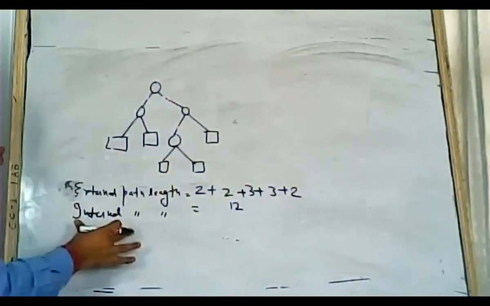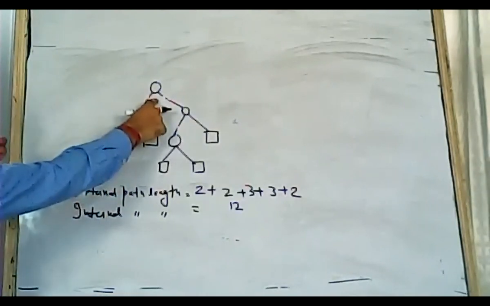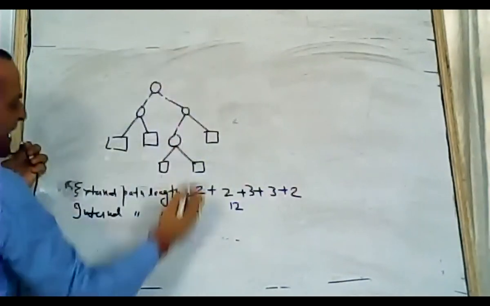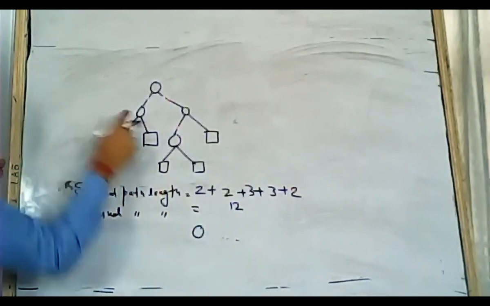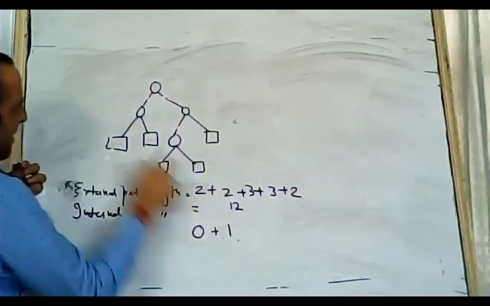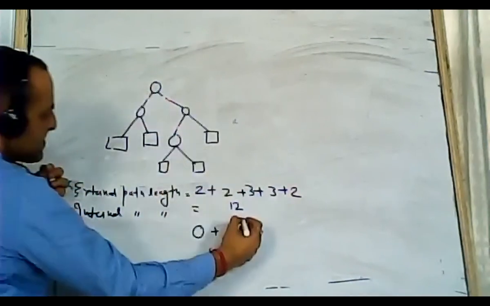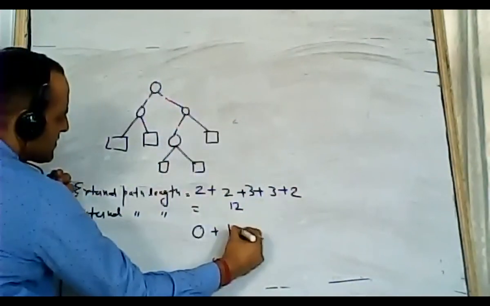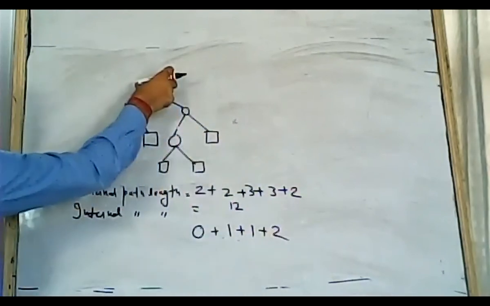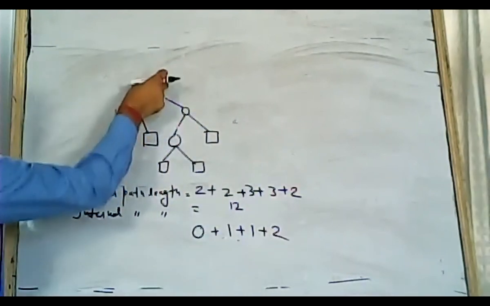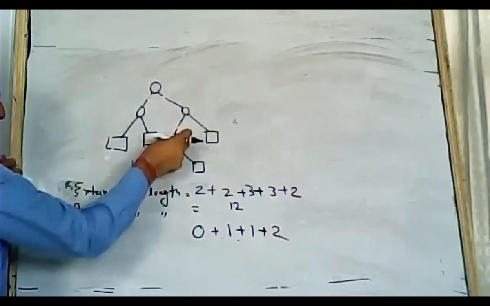Now let us find the internal path length. Internal node, these are internal nodes. इसका क्या है? ये कहीं से नहीं आ रहा. तो first value will be 0, इसका 1, और इसका 2. 0 plus 1 plus 1 plus 2.